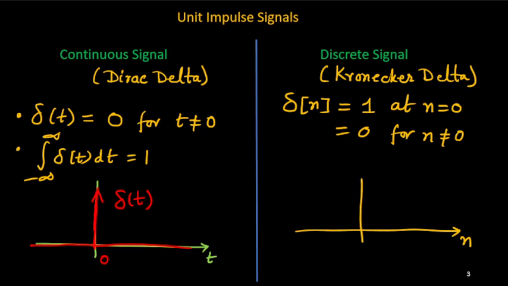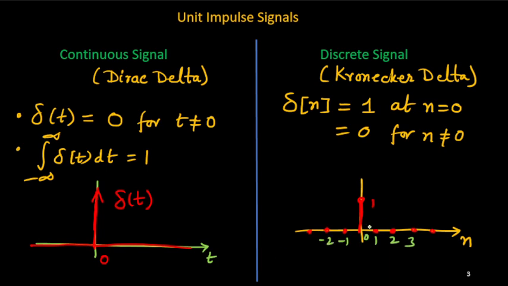So at n equal to 0, its sample value is 1. I will show in this way. This value is 1, and except this one, everywhere it is 0. Okay. So you can see that this indices, this is at 0, it is 1, 2, 3, this is minus 1, minus 2, like that.